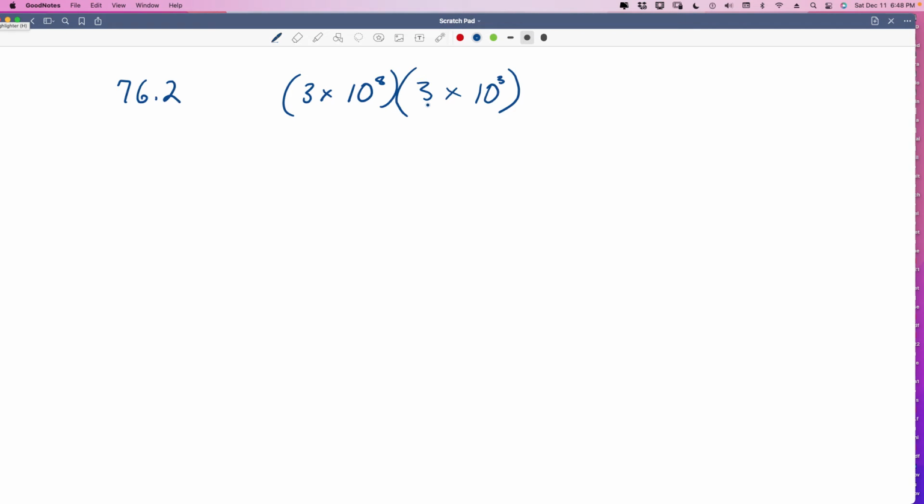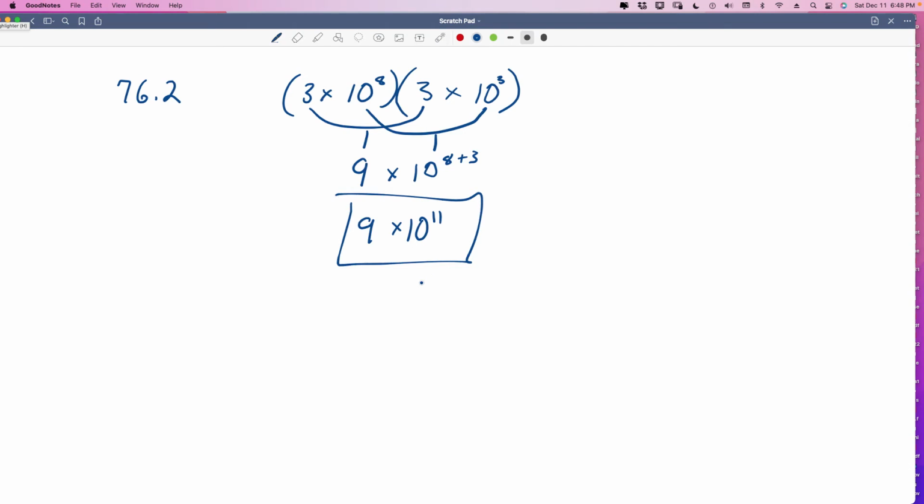So we take the whole numbers together first, and that becomes 9. And then we take these together and say times 10, 8 plus 3, that becomes 9 times 10 to the 11. And that would be your answer. Okay? Let's try one more.